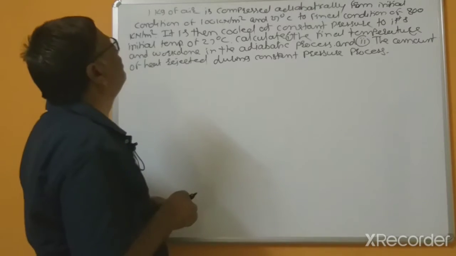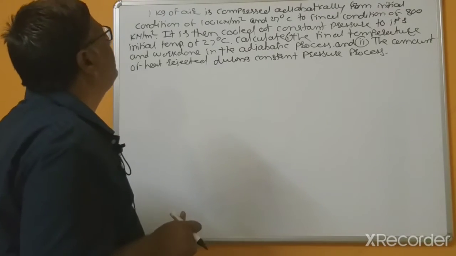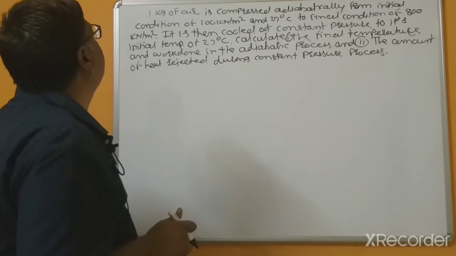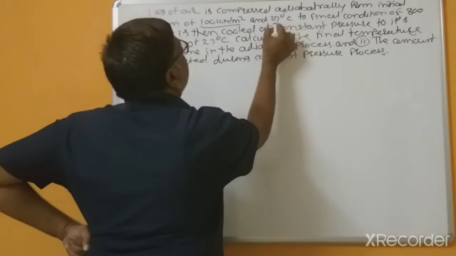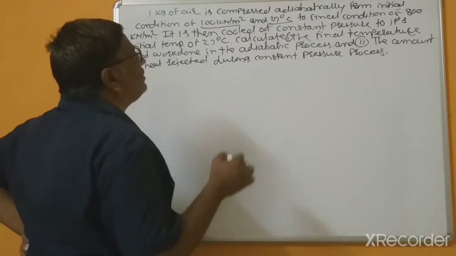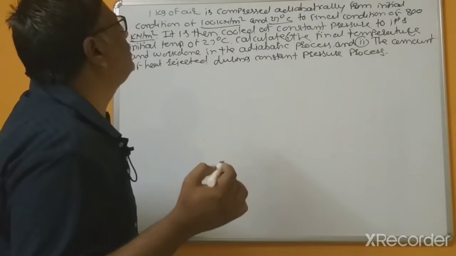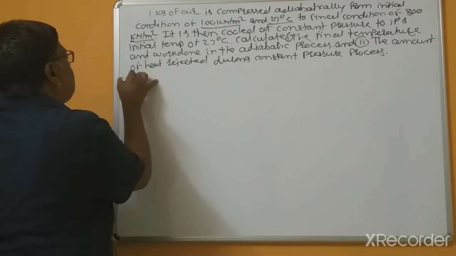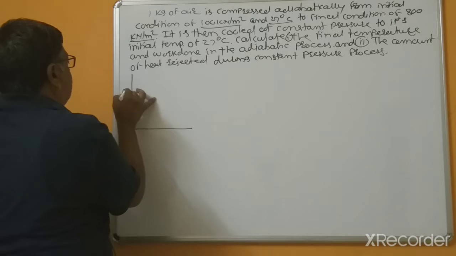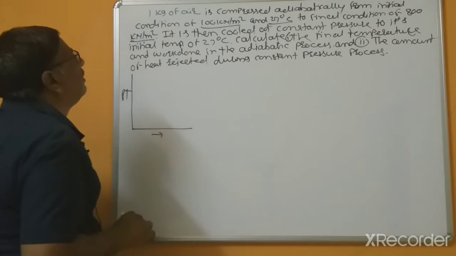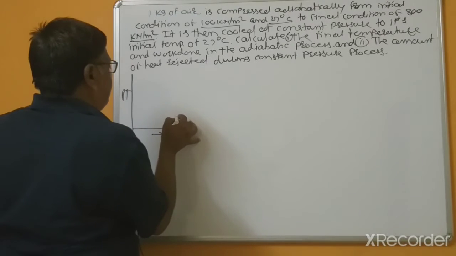This is the first problem, so I read it: 1 kg of air is compressed adiabatically from initial conditions of 100 kilonewton per meter square and 27 degrees centigrade to final conditions of 800 kilonewton per meter square. It is then cooled at constant pressure. So there are two processes here. First I will draw the PV diagram and mark 100 kilonewton and 27 degrees centigrade as the temperature.